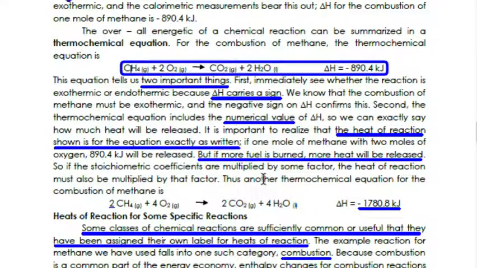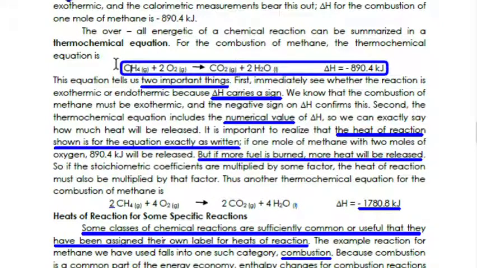But we have to take note that the heat of reaction shown is for the equation exactly as written. This value of heat of reaction is only applicable for this certain thermochemical equation. If this thermochemical equation is changed, then the numerical value will also change. As I highlighted here, if more fuel is burned, more heat will be released.